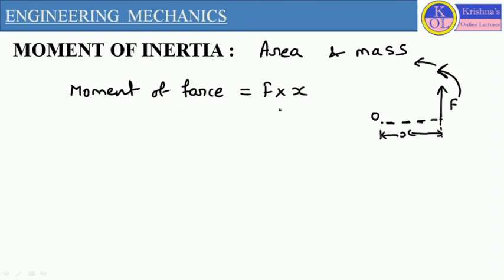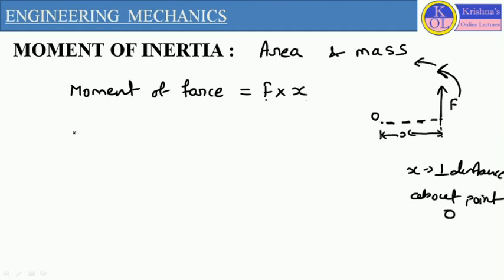Moment generally represents the rotation of force about a point. It will be the product of force into perpendicular distance, where x is the perpendicular distance, and that distance we consider about one reference point or reference axis. So about point O we are considering.